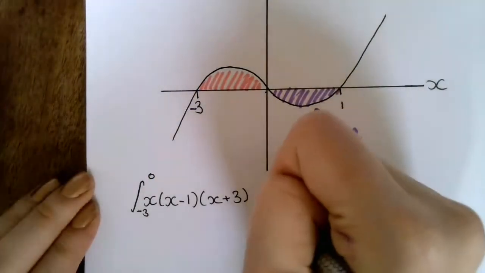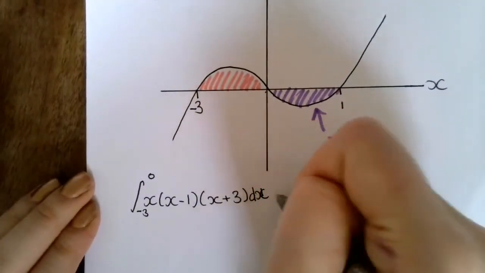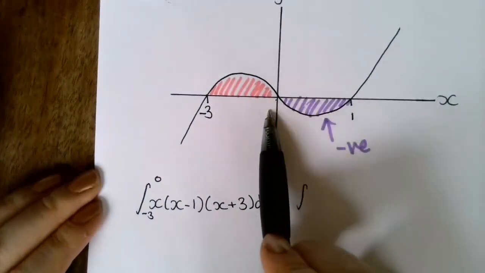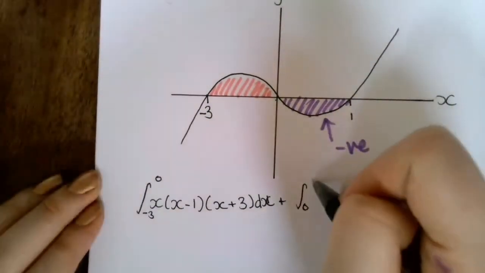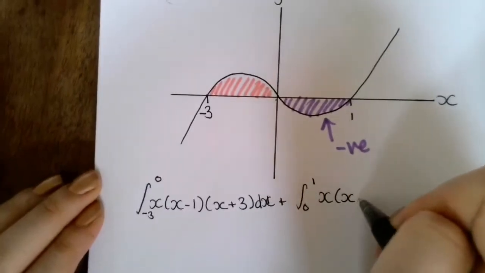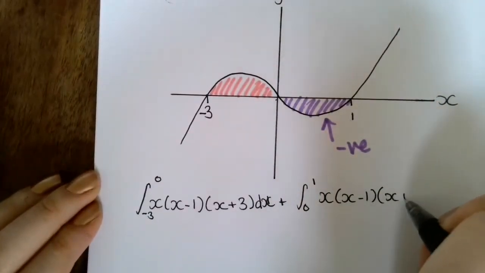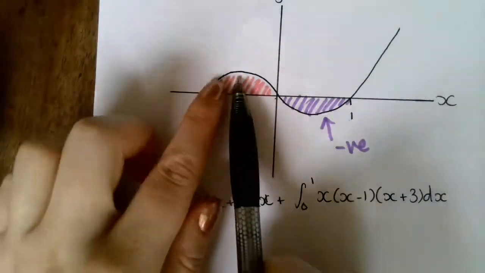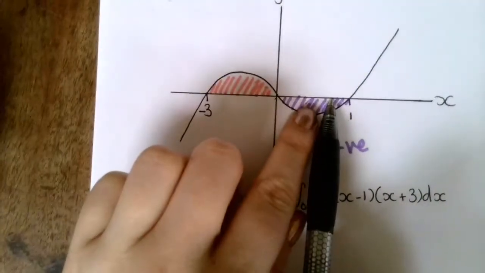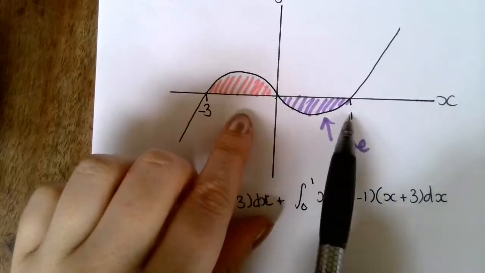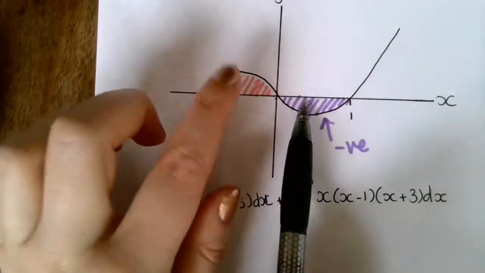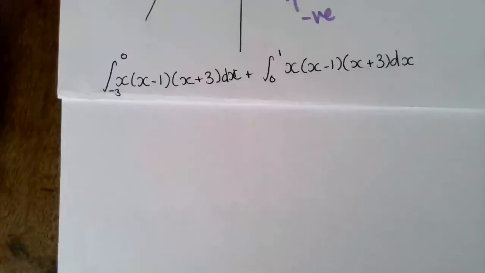And then we're going to add the area from 0 to 1. So we've split this up so that we get this area, add that area, because we know that that's below the x-axis, so when we integrate it, it's going to become negative, and we don't want any cancellations.